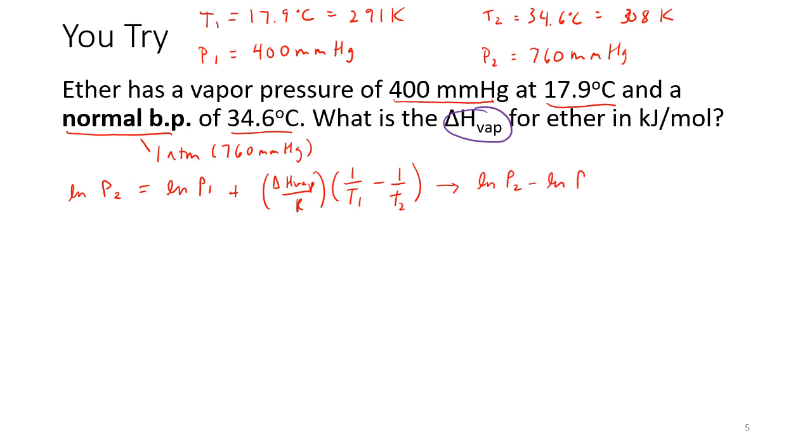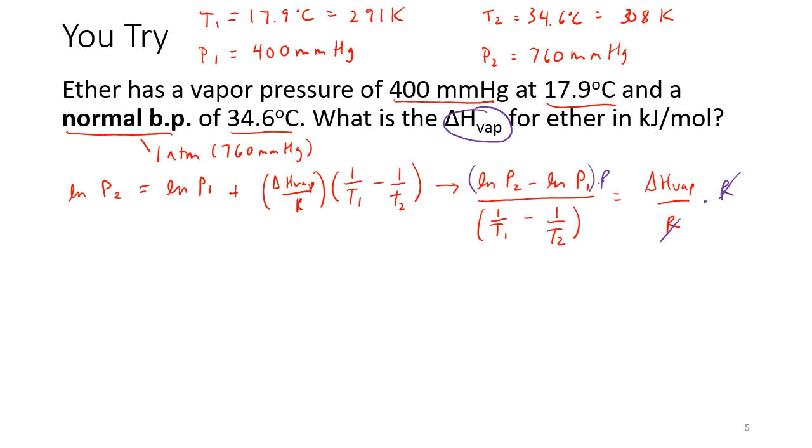So we'll have ln of P2 minus ln of P1. And we can also divide by the whole term 1 over T1 minus 1 over T2. That will give us that side of the equation equal to delta H of vaporization over R.